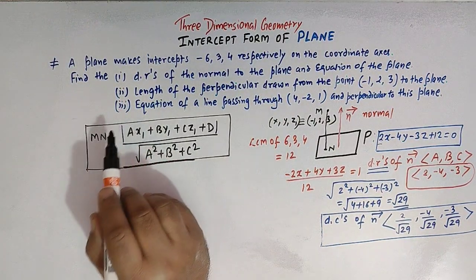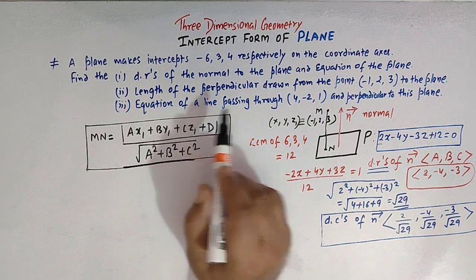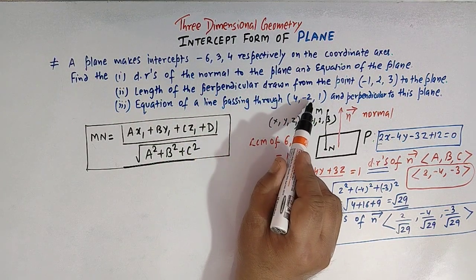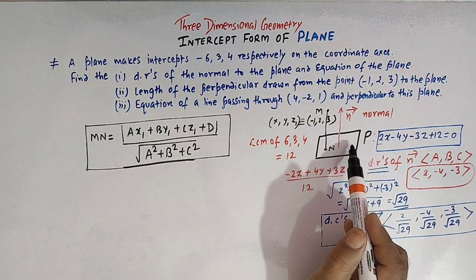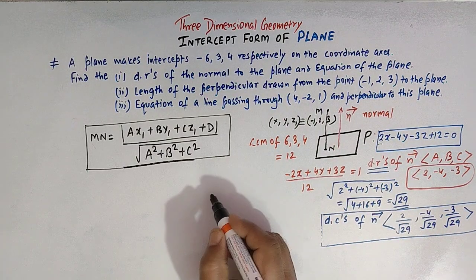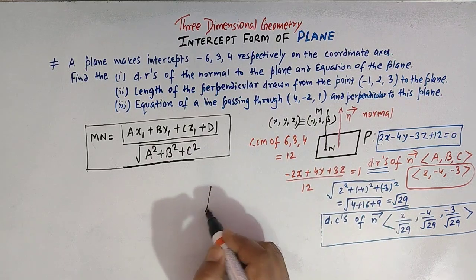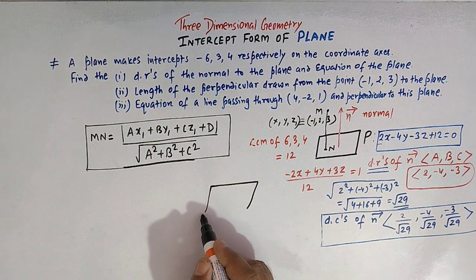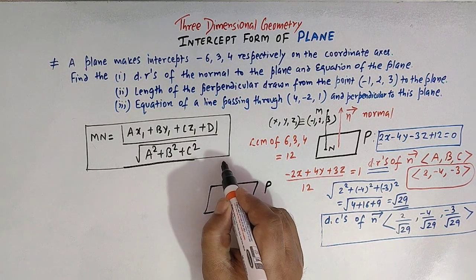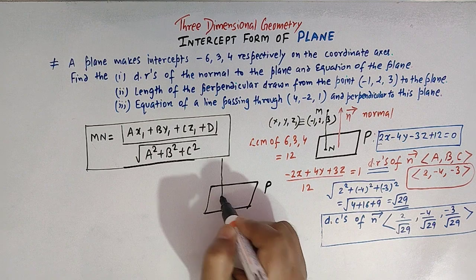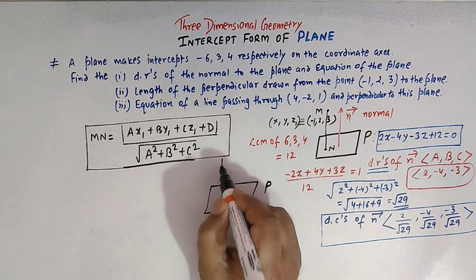So here we have to find the equation of some line which passes through 4 comma minus 2 comma 1 and perpendicular to this plane, right? So here we can draw the diagram again. So here we have this plane P, and suppose we take a line like this which is perpendicular to this plane, right?